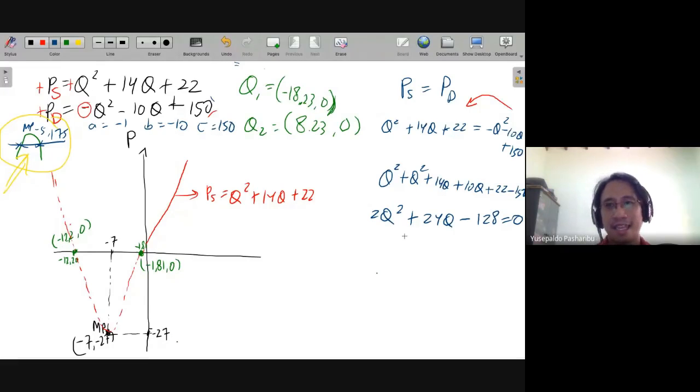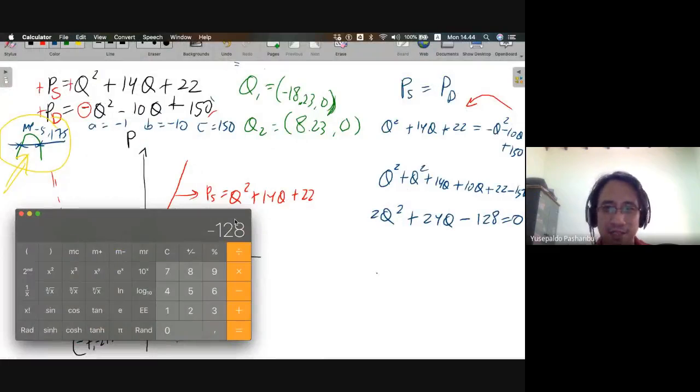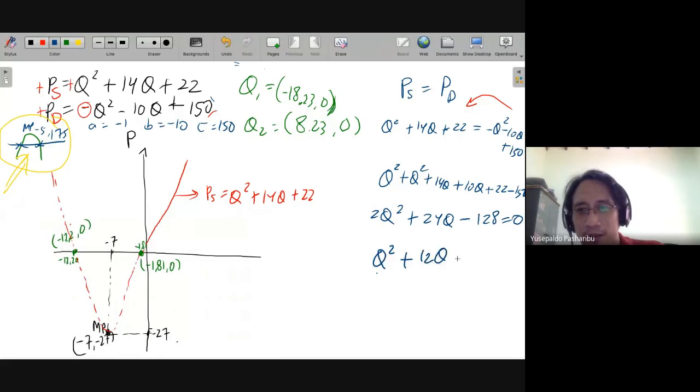If we factorize it, maybe we can make it simpler. So divide by 2. So Q squared plus 12Q minus 64.